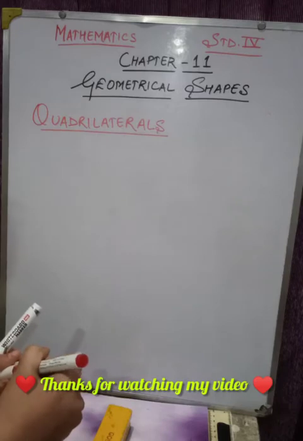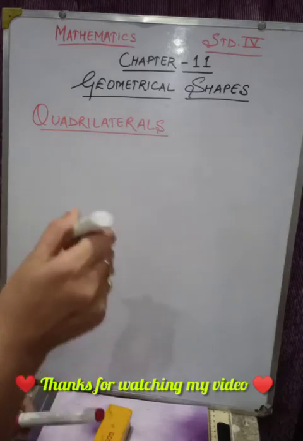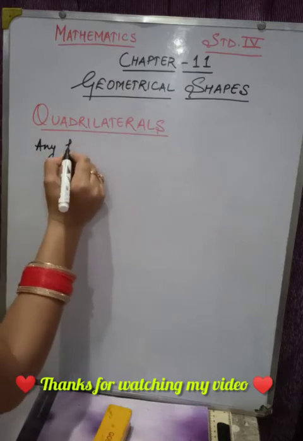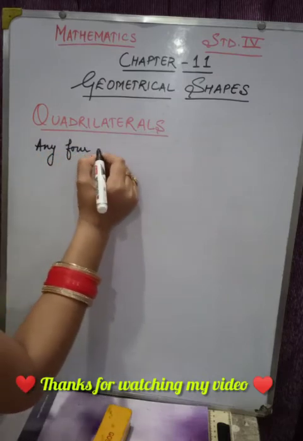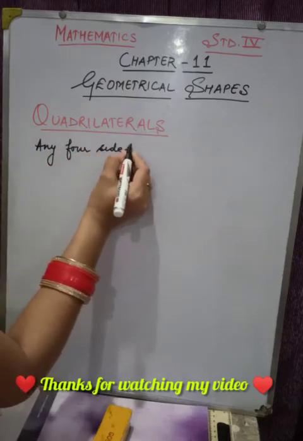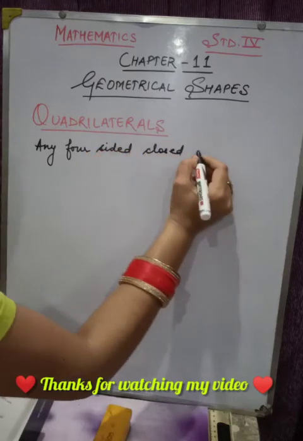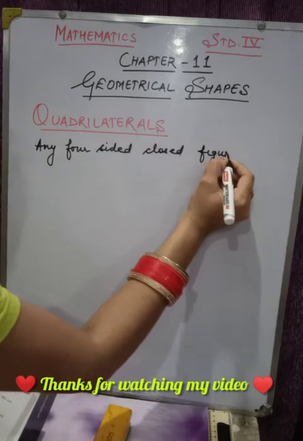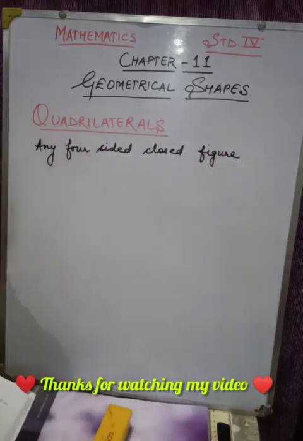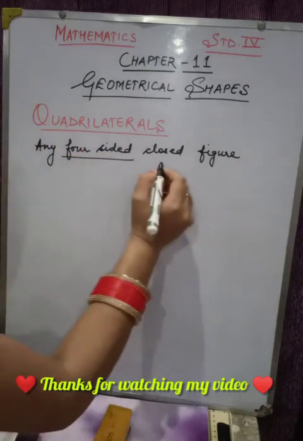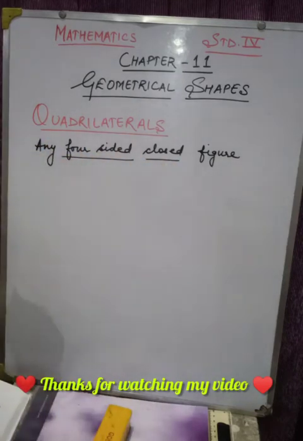Any four-sided closed figure is called a quadrilateral. There are two conditions: four-sided and closed. The figure should be four-sided and it should also be closed.